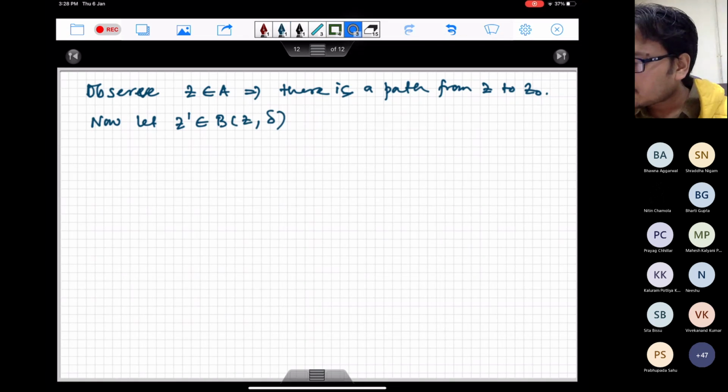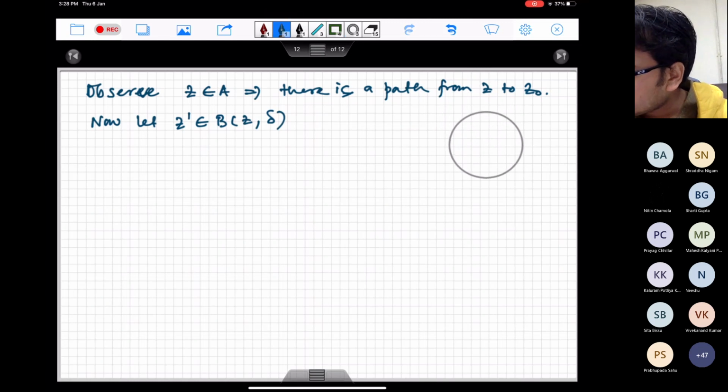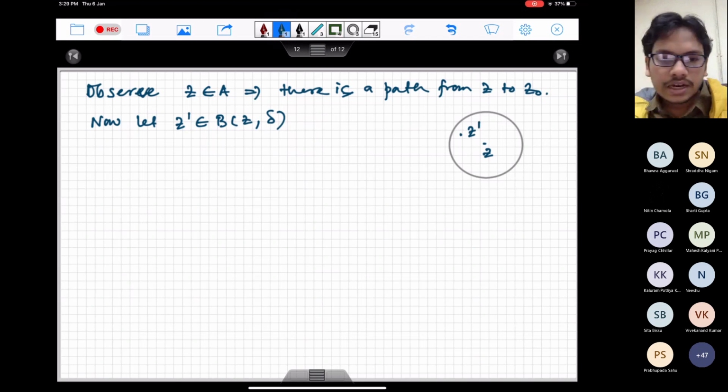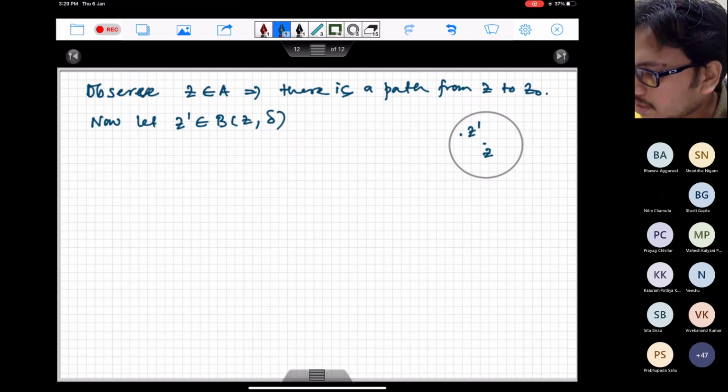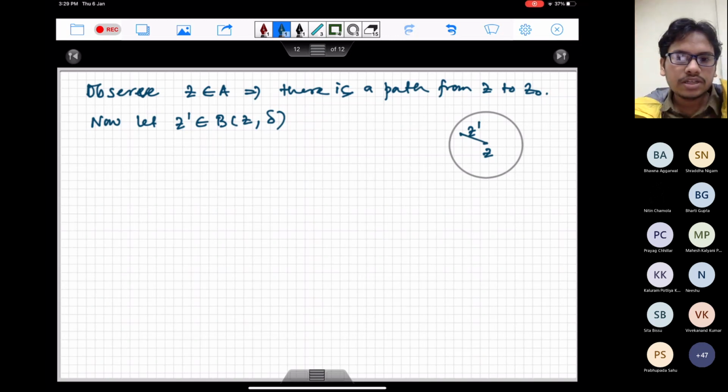Just try to imagine what B(Z, delta) is, just some ball centered at Z, and Z prime is somewhere here. Now there is always a path from Z prime to Z, namely the straight line joining these two, which will lie inside B(Z, delta). Correct?